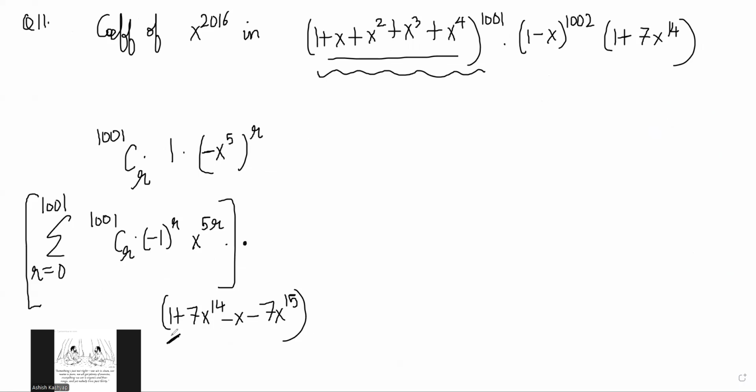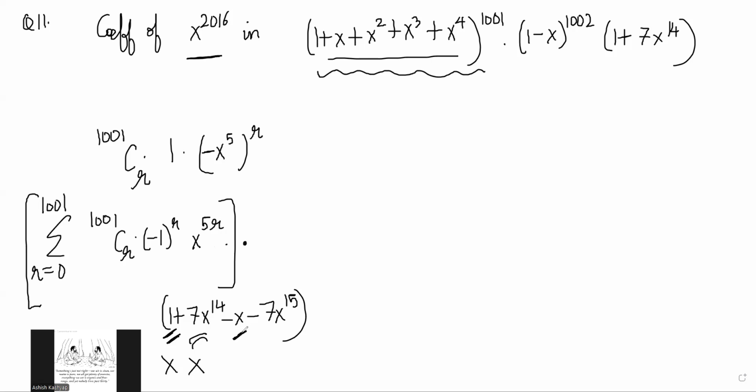Because then we can multiply it with 1 and we'll get the answer. But we can't, because this is only going to have powers of 5r, so 2016 is not divisible by 5, right? So that is not possible for us. Looking at this term, we need x to the power 2016 minus 14, so 2002. That is also not possible here. So these two terms multiplied don't give x to the power 2016, right?